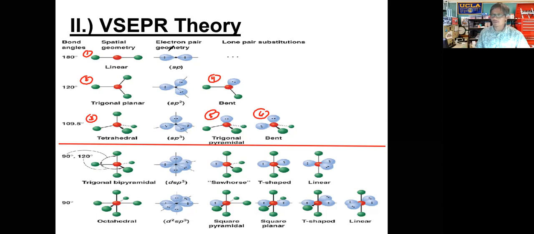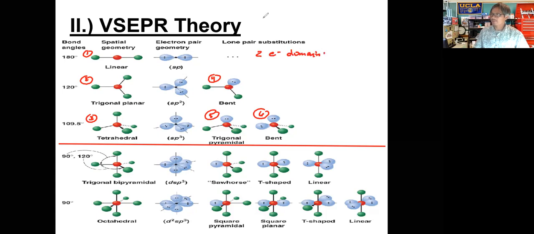This could be two bonding domains, or it could be one bonding and one non-bonding domain. But the idea is that with this electron geometry, we have two electron domains. Just to the side here, this is what we talked about in one of the periods. So when we have two electron domains.